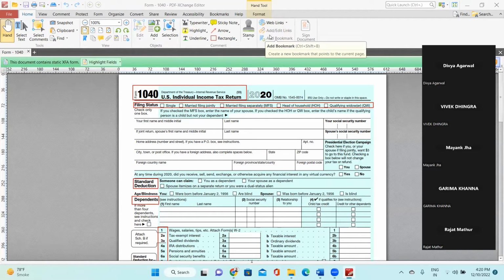You might see my basic information like first name, last name, my PIN number, right? And then my address, and you ask me if there is any change in address, because name will not change, my PIN number will not change. That's kind of permanent, once it's done it's forever, right?